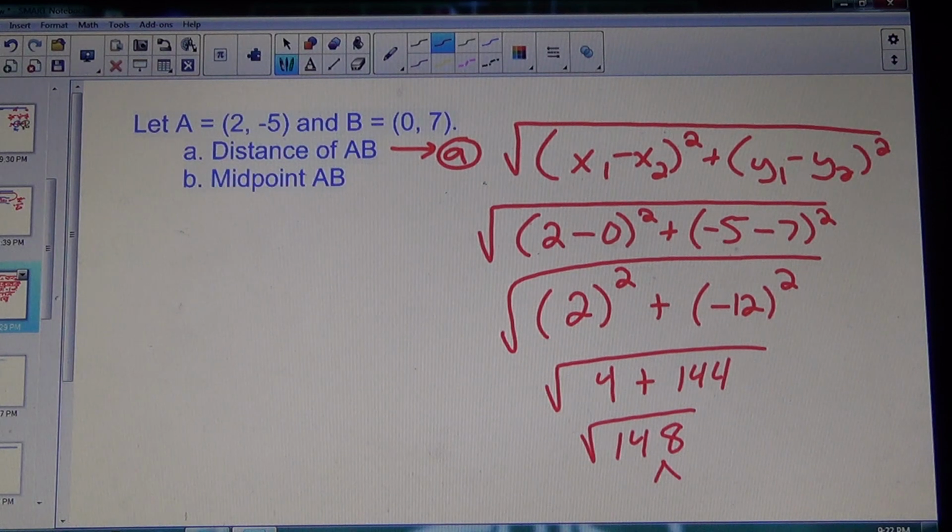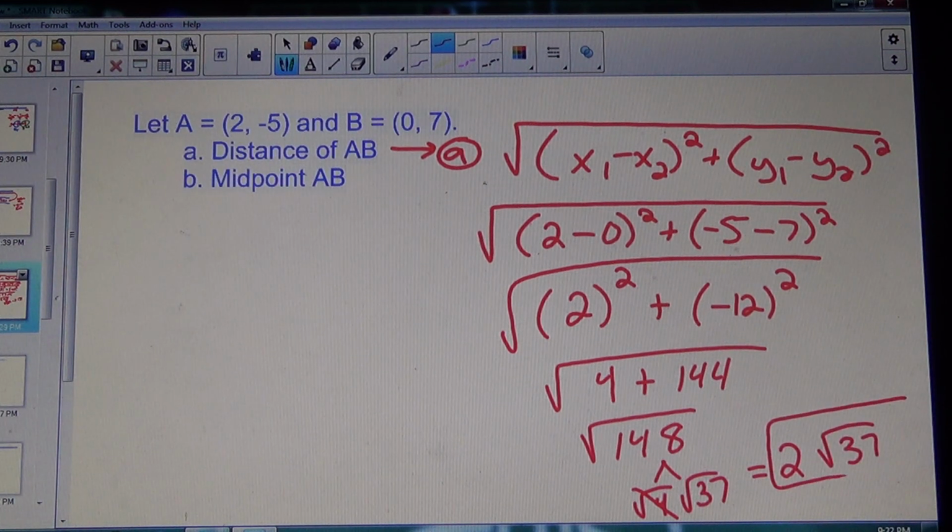Well, 148 looks like it might be divisible by 4, so I would go 148 divided by 4 in my calculator. And it would be 4 times 37 gives me 148, so therefore the square root of 4 turns into 2. So then I would get 2 square root 37. That is the distance.